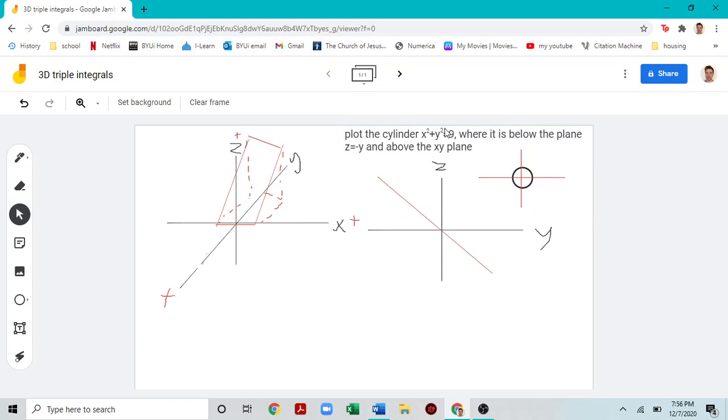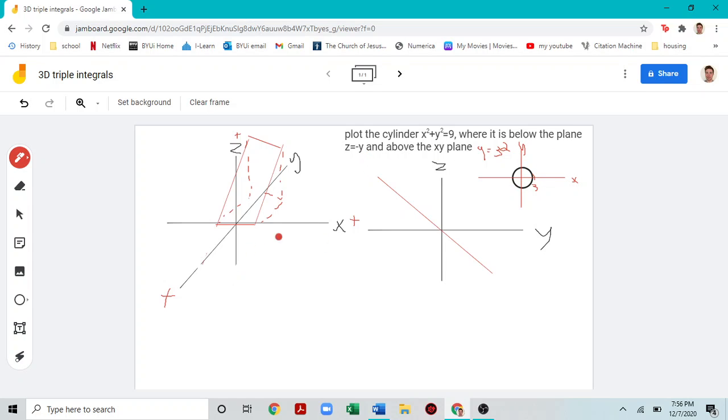And that's exactly what this is right here. And because it's 9, it means that 9 equals 3 squared, sorry. So that means this is going to be with a radius of 3. So the radius of 3. That's going to be really important for later parts. But that's what this is saying right here with this xy plane.